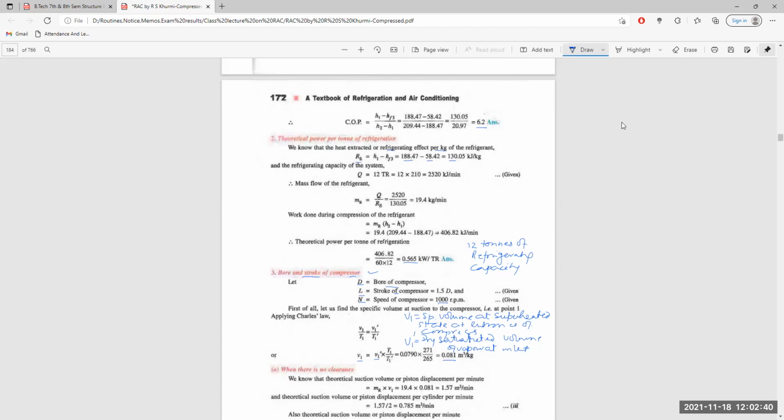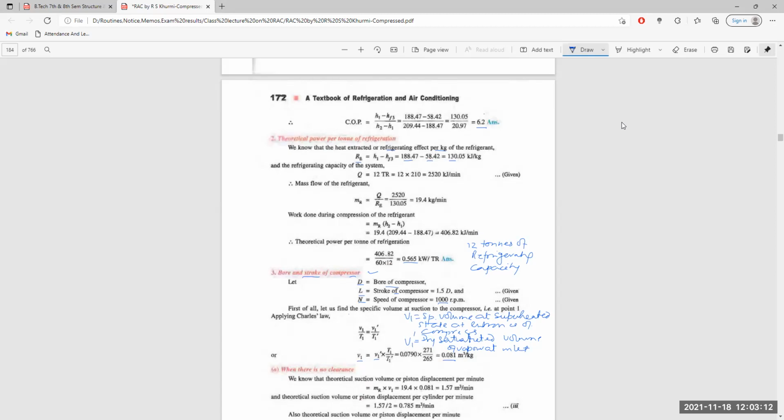As we know the value of V, so we know the value of P1. It is the specific volume of the vapor refrigerant at minus 80 degree temperature, and for P1 we don't know the specific volume at the entrance of the compressor, where it is in the superheated state.